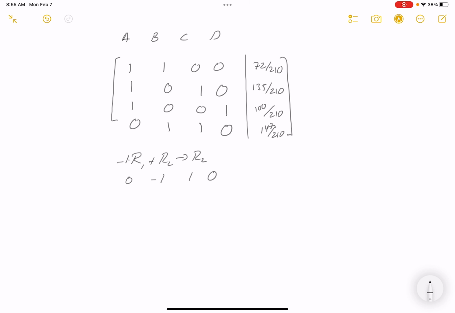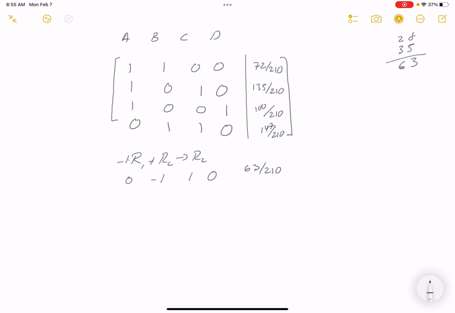And now 72, I'll take 72 from 135, right? So let me write this on the side. 28 and 35. Let's see, it's 50, 63, right? Let me write that down. 63 over 210. By the way, I know they're reducible, but I'm not going to reduce them. All right?